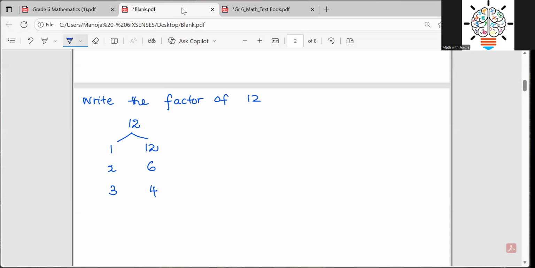You find the factors of 12 like this. Then you write here, you want to write the factors of 12. You put the equals sign, open the curly bracket, and you write 1 comma, 2 comma, 3 comma, 4, 6, 12. You write all the factors of 12, right?